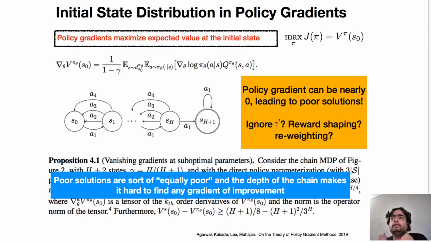So this is one of the issues where, again, data distribution matters in policy gradients, because the initial state distribution may make your policy gradient arbitrarily close to flat in such extreme MDPs where your rewards are hidden somewhere down in the MDP.